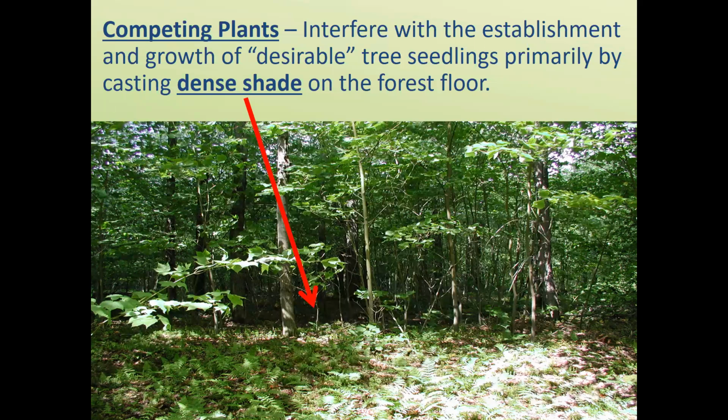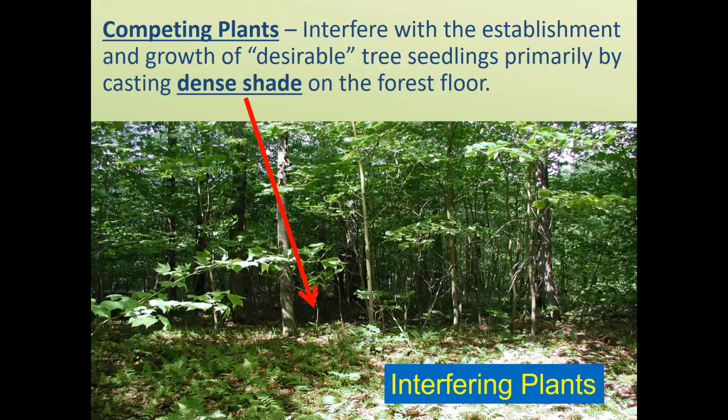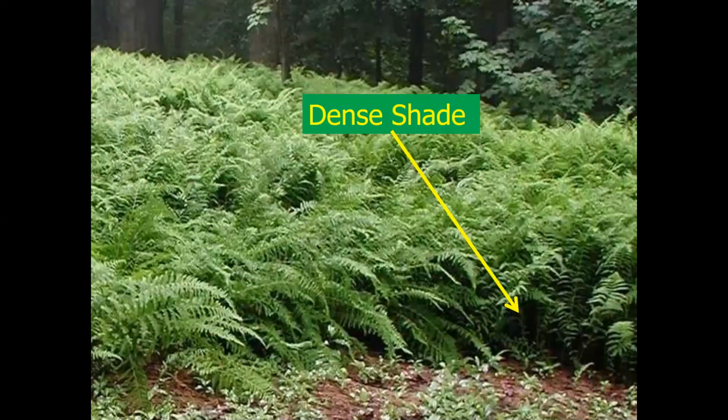Often we refer to these competing plants as interfering plants, so you may see it in the literature referred to that way, in the sense that they interfere with the establishment of desirable regeneration. And here's a stand of hay-scented fern, and you can see the dense shade that they also cast on the forest floor.